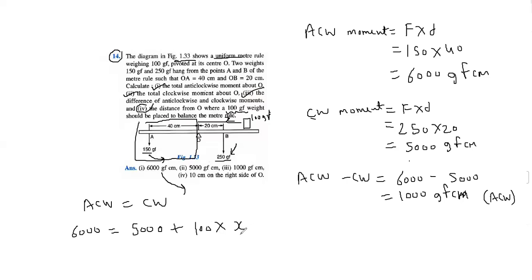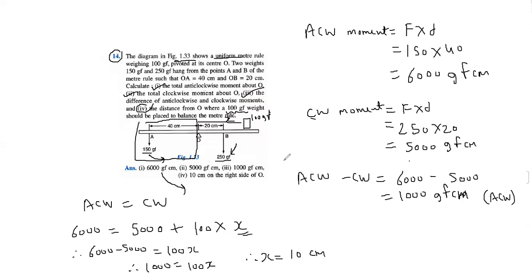The question says find x. Therefore we get 6,000 minus 5,000, which leaves us with 100x, and that's why we get 1,000 equals 100x, and therefore x equals, as we can see from the calculation, 10 centimeters.